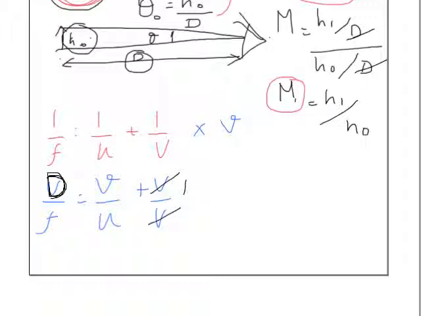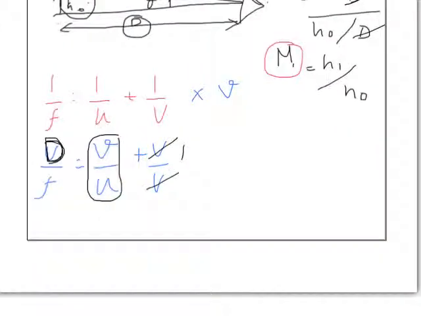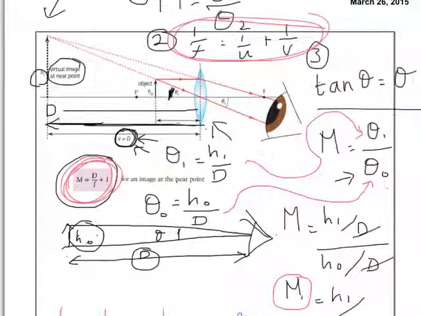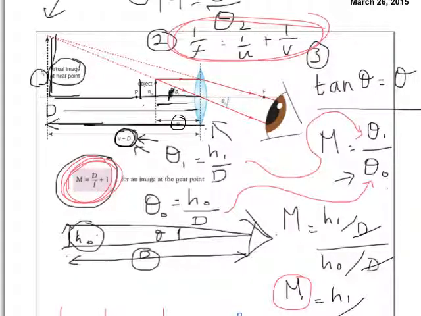And now let's have a look at this ratio, v over u. If we go back to the original diagram, we can see that there are two similar triangles. We have h1 over capital D, which gives us this angle here, but we also have a similar triangle, h0 over u, which gives us the same angle.